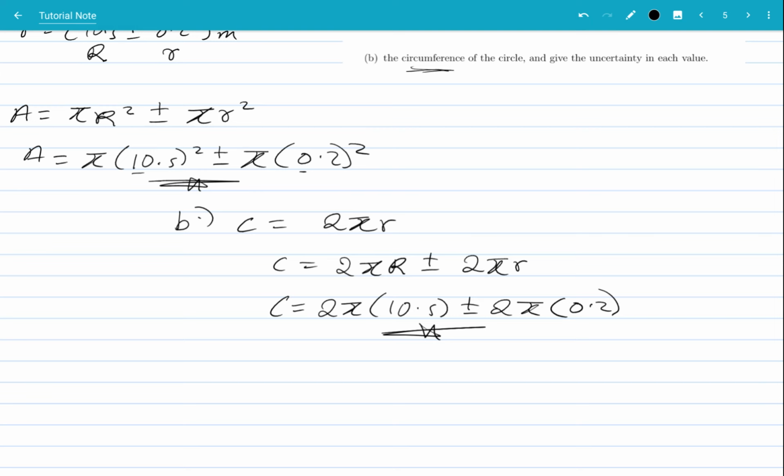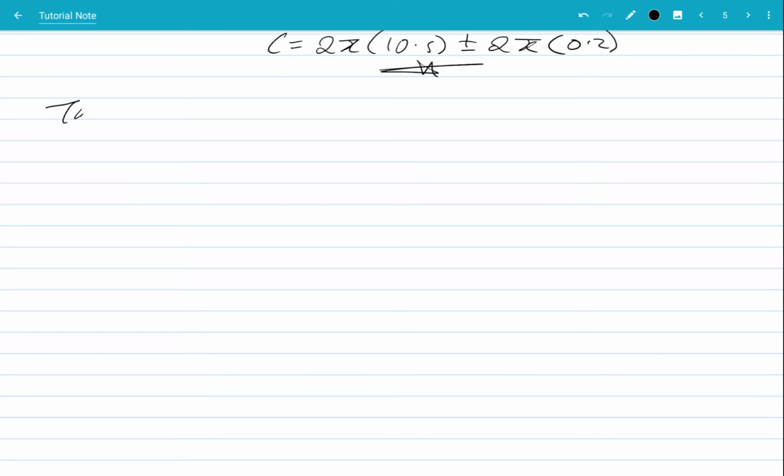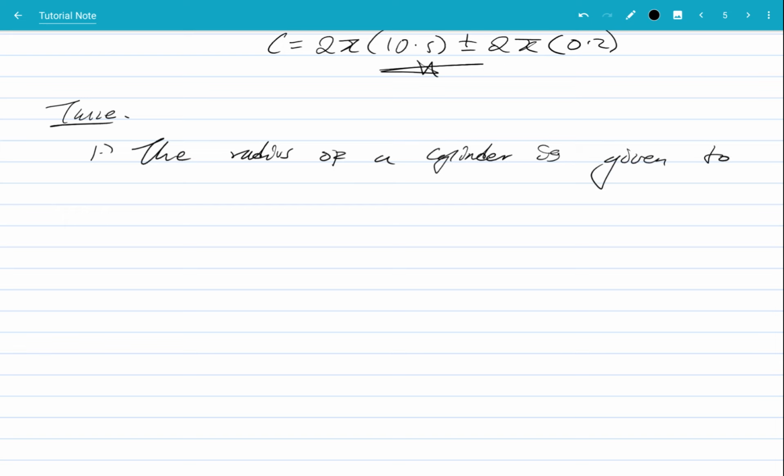Alright, maybe I can make one for you. Let me say task. Something similar. The radius of a cylinder is given to be 9.85 plus or minus 4.73 meters.